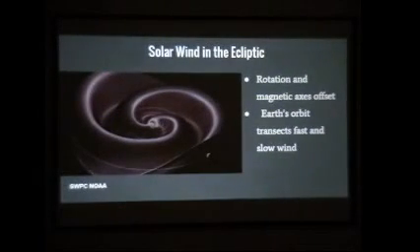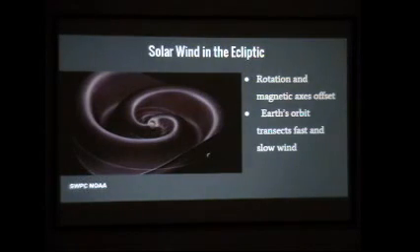Another level of complexity is that the rotation axis and the magnetic axis in the sun most often are not completely aligned. If you think of my body as the rotation axis and the magnetic axis being offset a little bit, similar to the rotation of the Earth and its orbital plane, and my arms as the magnetic equator, then as I rotate, you flap above and below the magnetic equator.